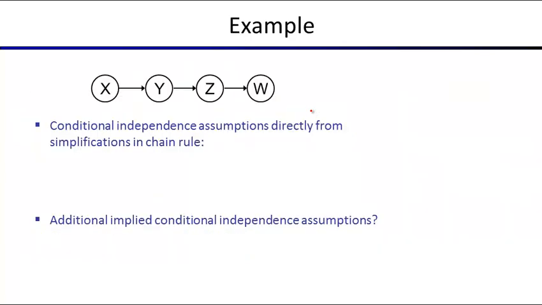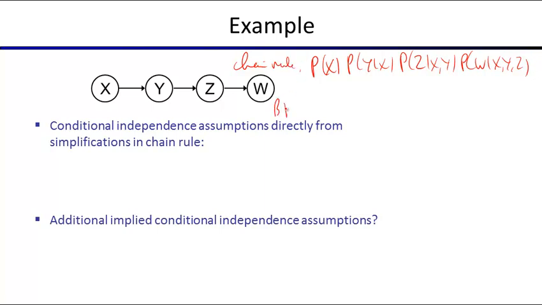Here's an example. Let's look at this 4-node Bayes net, and let's see what the conditional independence assumptions are directly from simplifications in the chain rule. Well, the chain rule has P(x) times P(y given x) times P(z given x, y) times P(w given x, y, z). That's chain rule.